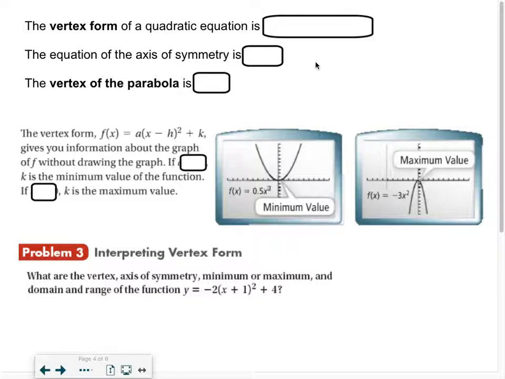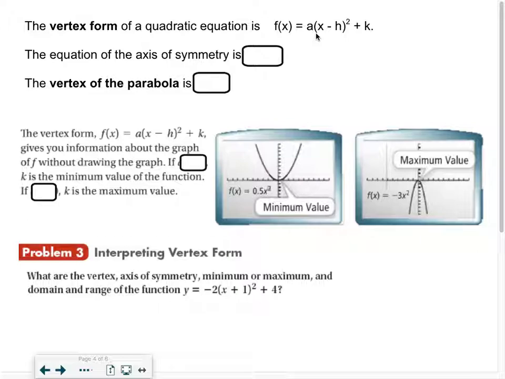Alright, vertex form of a quadratic. This is super important. It is f of x equals a times parentheses x minus h squared plus k. That's what we call vertex form.